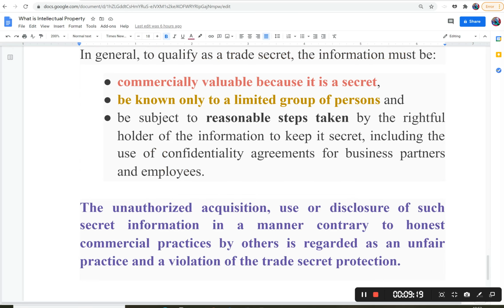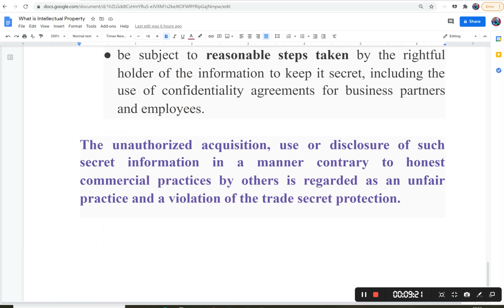The unauthorized acquisition, use or disclosure of such secret information, in a manner contrary to honest commercial practices by others, is regarded as an unfair practice and a violation of trade secret protection.